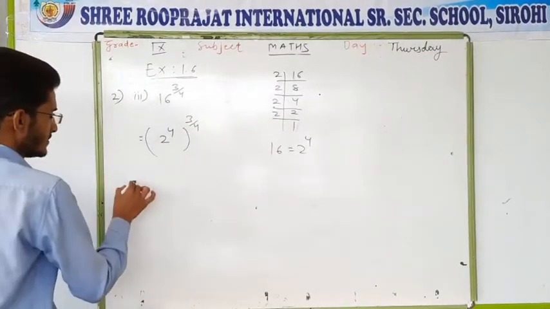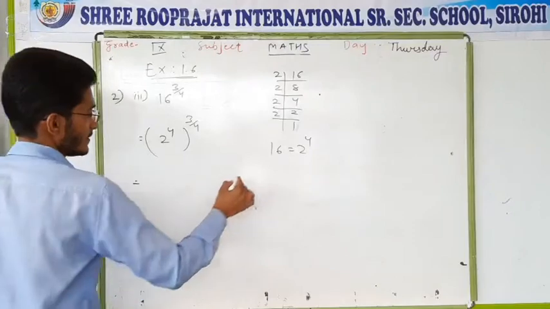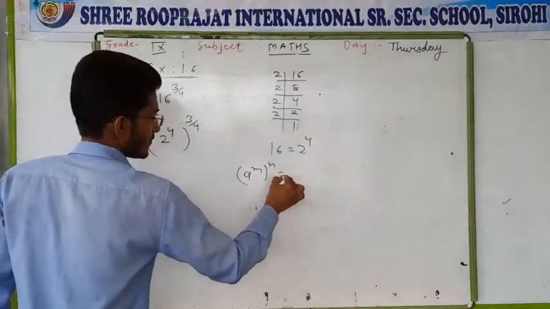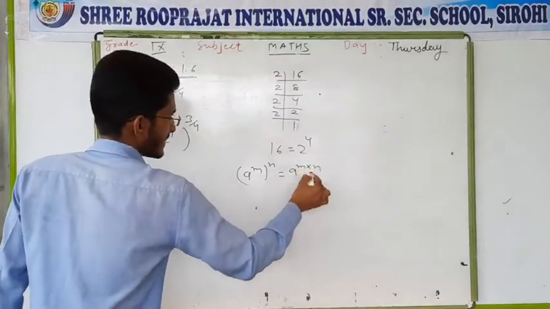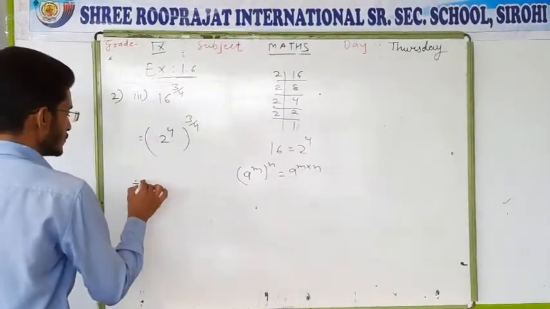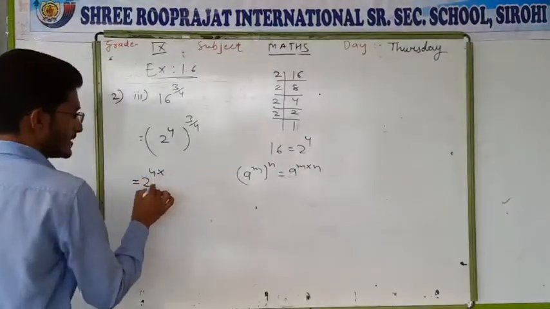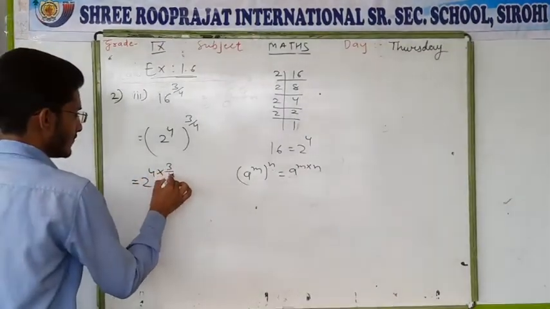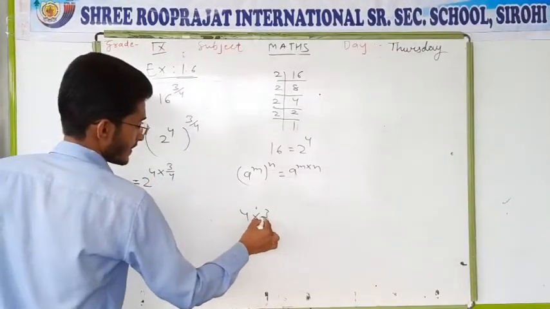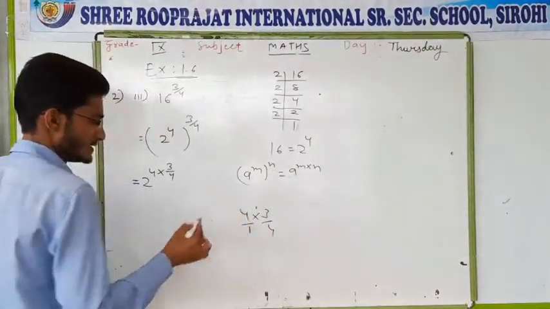Again, we will use the law of exponent. We just learned (a to the power m) to the power n equals a to the power m multiplied by n. That means you just multiply both exponents. So 2 to the power 4 multiplied by 3 by 4. There is no denominator for the 4, that means there is a 1.